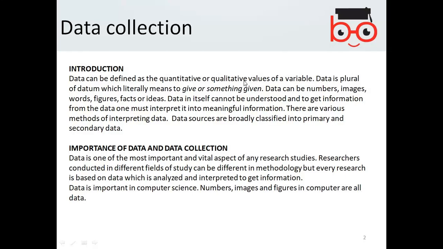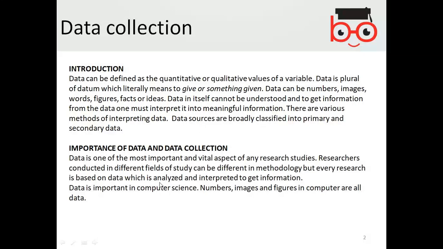Qualitative data is not in numbers but in a kind of estimation, like low, high, medium, or certain beliefs, that is, what people think about ideas. Data is the plural of datum, which literally means something given. So data can be numbers, as we discussed.